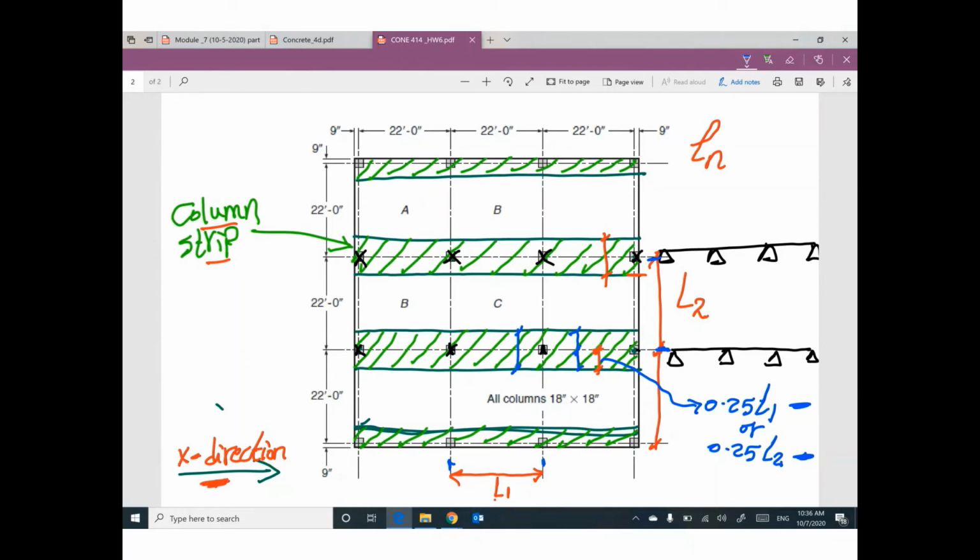So in this example, L1 equals 22 feet, L2 equals 22. You are lucky, both of them are equal. So if you multiply 0.25 times 22, your final will be 5.5 feet from this side, 5.5 feet from the other side. So the total width will be 11 feet.